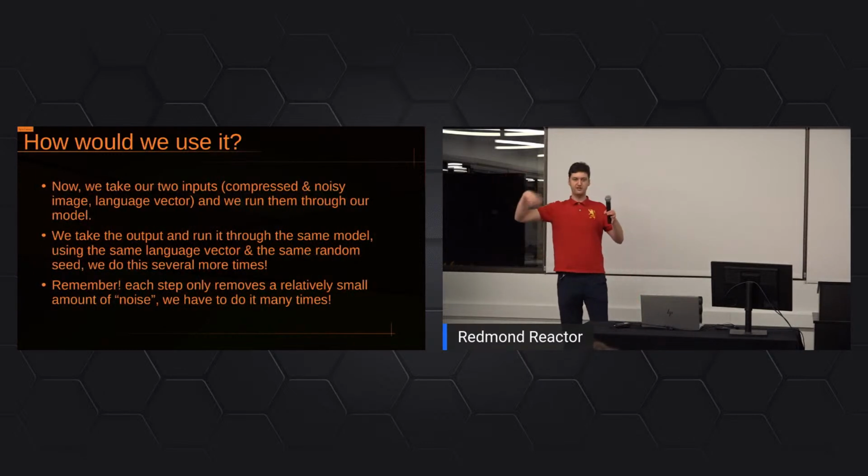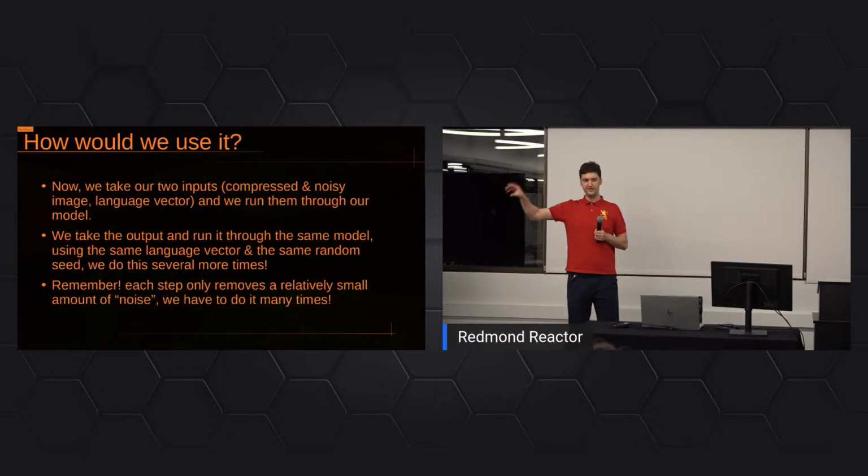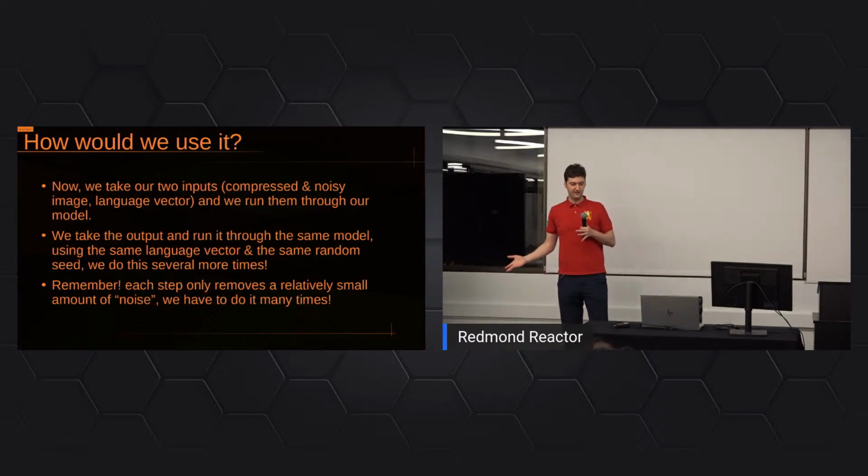So an image of completely random noise, and then we run them through the model, with the language vector and the associated random seed, and we run this model over and over again several times. So 10 or 20 times is pretty common with Stable Diffusion in order to get the output, I believe.